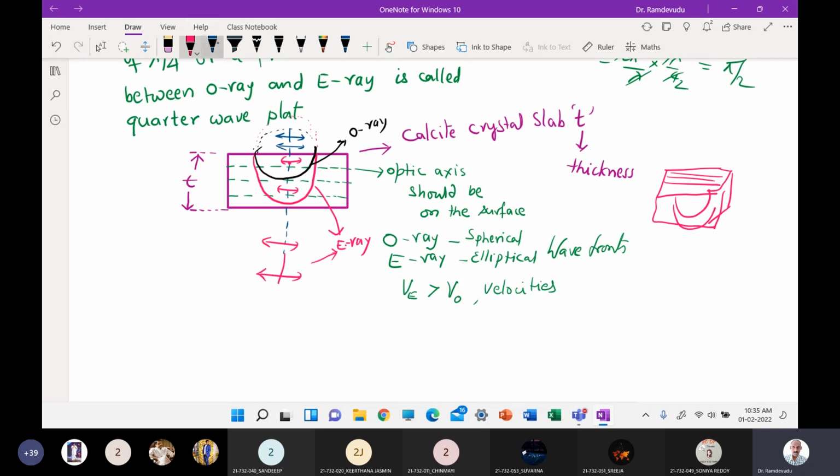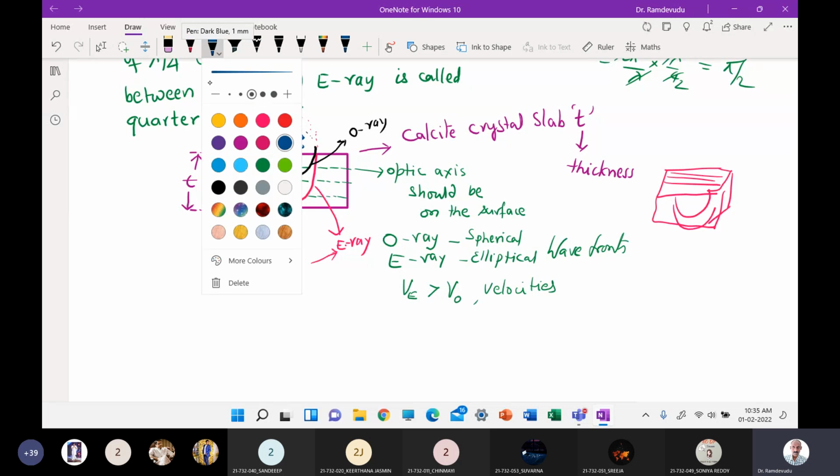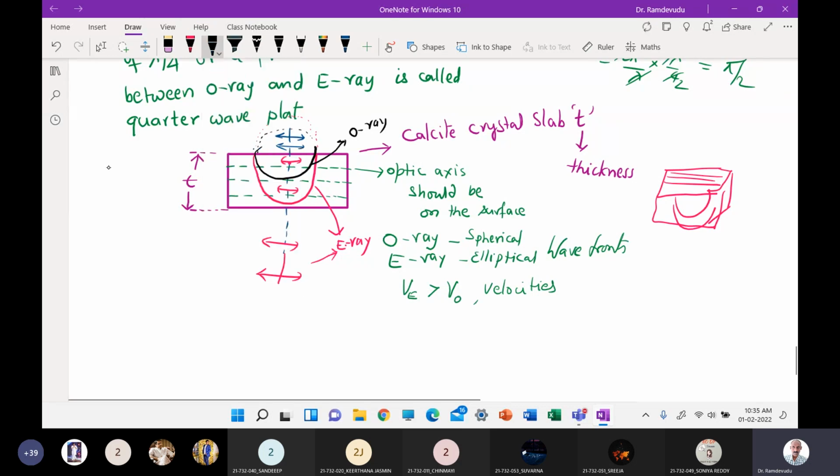But O ray is moving slower. As it is moving slower, it comes after some time. So see, the difference is there between these two rays, that is O ray and E ray. E ray goes faster and therefore it comes off the crystal first. And after some time, with a difference of maybe lambda by 4, because of the thickness we have chosen, the O ray will come.